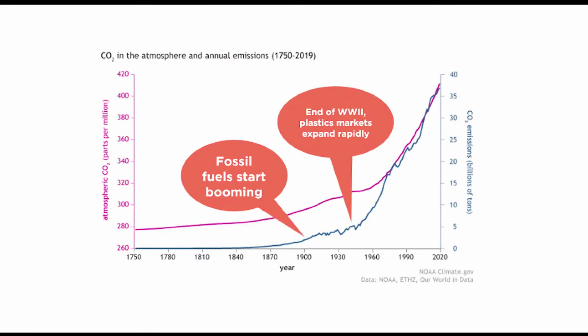Here we see where fossil fuels first started to be used in large amounts by human civilization, and the end of World War II, and this is when the plastics market really expanded rapidly. Plastics were used during the war, and after the war, they started to be used in households as common goods.